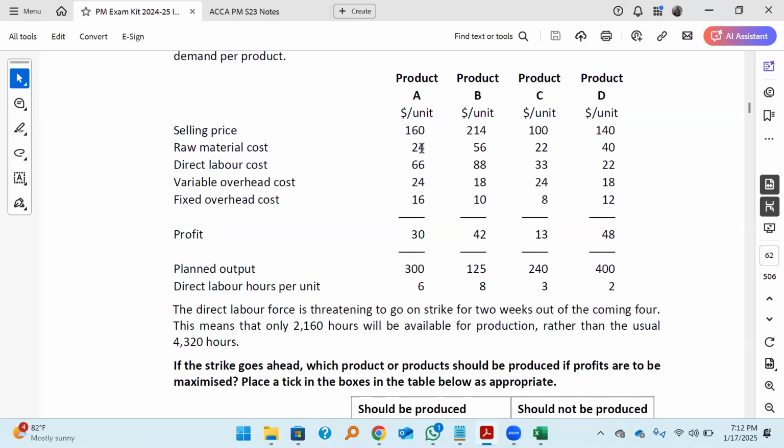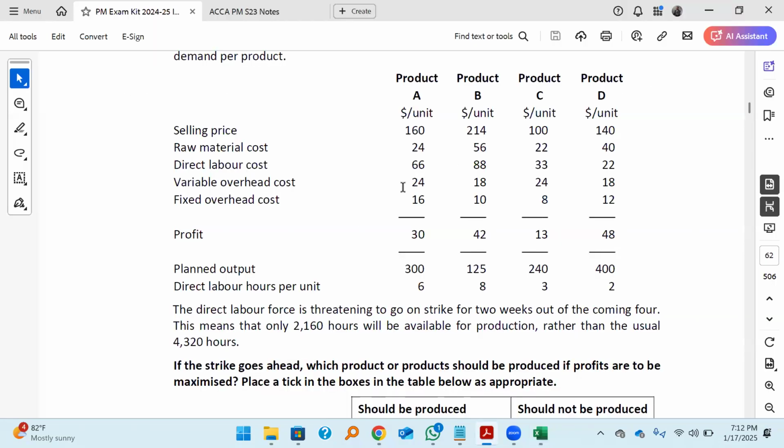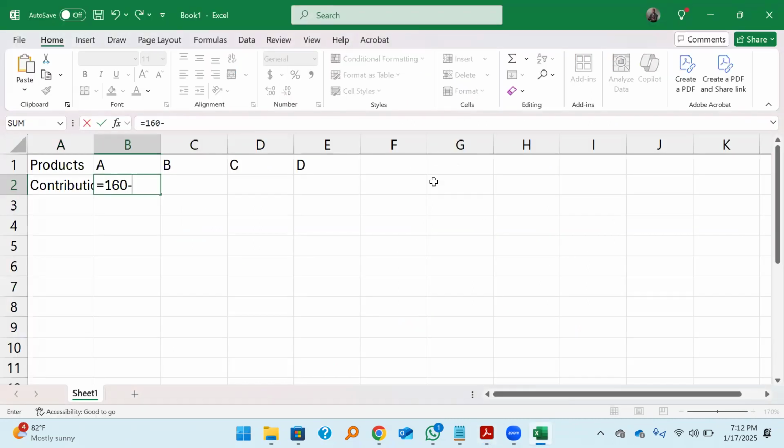Then raw materials cost and labor and variable overheads. These are the ones that we need to get contribution. So you can get contribution for A: 160 minus 24 minus 66 minus 24. That is for A.